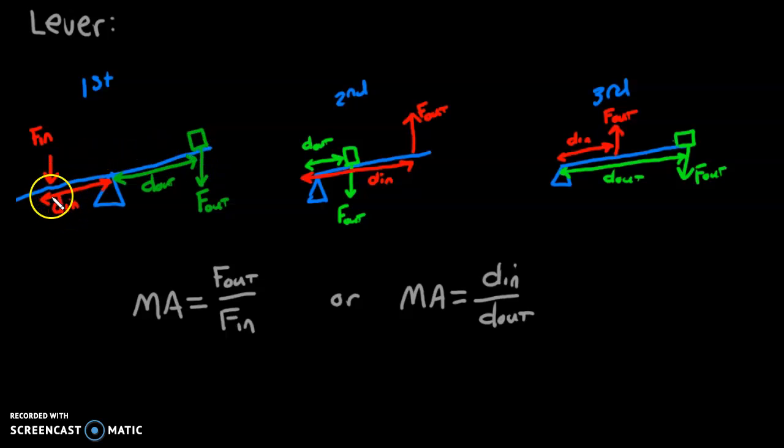So if we look at all these examples, the distance in divided by the distance out would all give you mechanical advantage. And then the force out, the output force, mass times gravity on this object, divided by the force in, whatever you're doing to push the object, you'll end up with the same number as the distance in over the distance out.